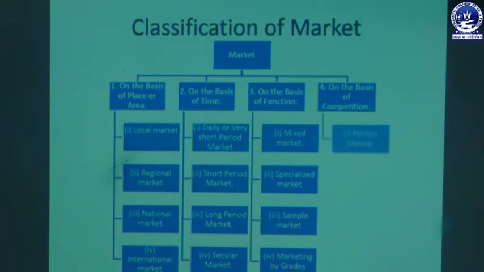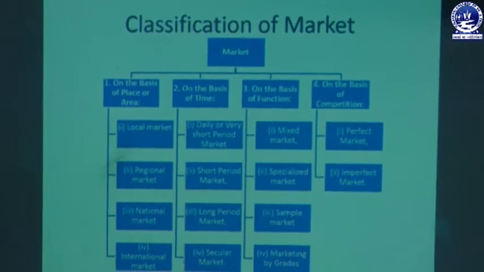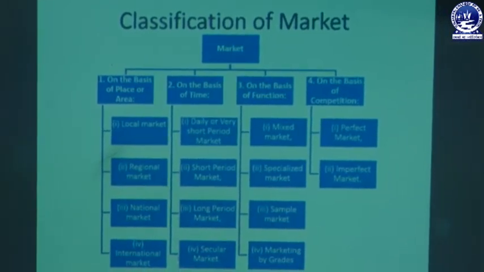And according to the competition in the market, the market is of 2 types, that is perfect market and imperfect market. So, this is how the market could be classified in these 4 broad categories: on the basis of the place where we are doing it, the time for which we are doing it, the function that the market is doing, and the competition that is there in the market.